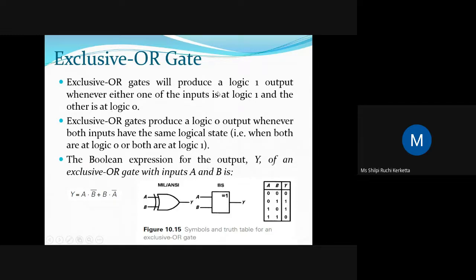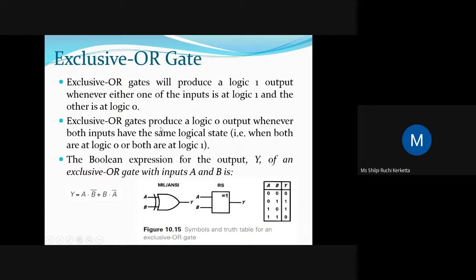Exclusive OR gates will produce a logic 1 output when one of the inputs is logic 1 and the other is at logic 0. See, either one is 0 and one is 1, or the first is 1 and the second is 0. So this is written in the first statement.